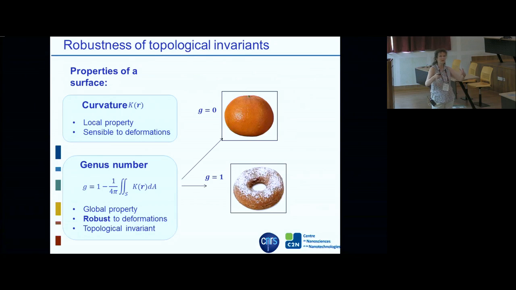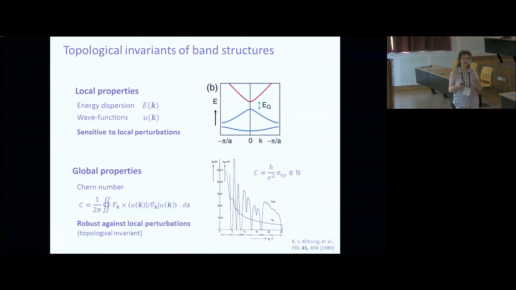Okay, so these are properties which are very robust and do not depend on the really precise detail of your surface. In physics, we also have this kind of different quantities. There are physical quantities like energy dispersion and wave functions, which are very sensitive to local perturbations. If you take a lattice, you can engineer the shape of the band structure. If you introduce a defect, you can have defect states in your gap.